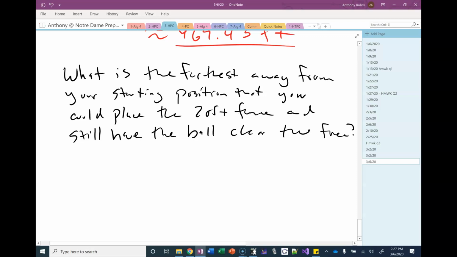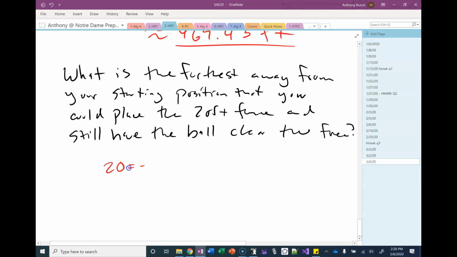So which are we looking for, x or y? X, right? Because we're asking farthest away. That's the x. So we're going to use that y equation to solve for t, and then plug that into our x equation. What value are we going to put in for y here? How high the fence is. So 20, right? Which is how high the fence is.